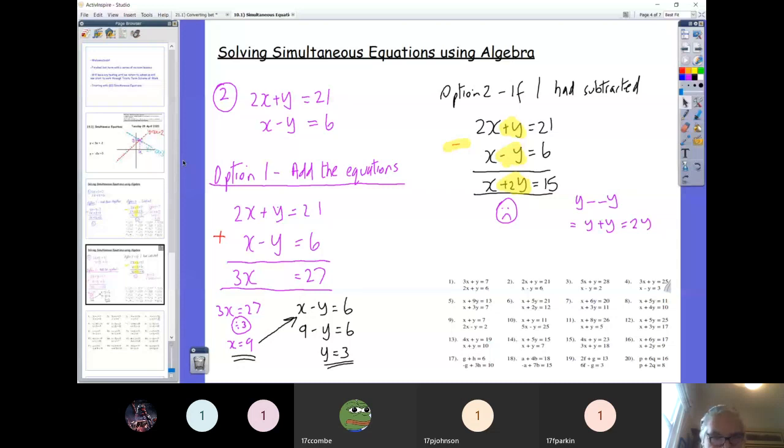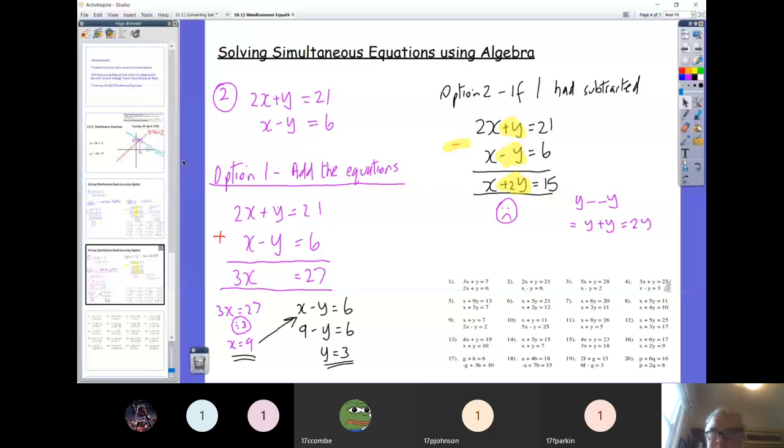We saw when we added them, because the signs were different, that's what eliminated the y's. However, on question 1, to eliminate the y's because the signs of the y's were the same, we had to subtract. So you've just got to really learn the skill of when do you add, when do you subtract.